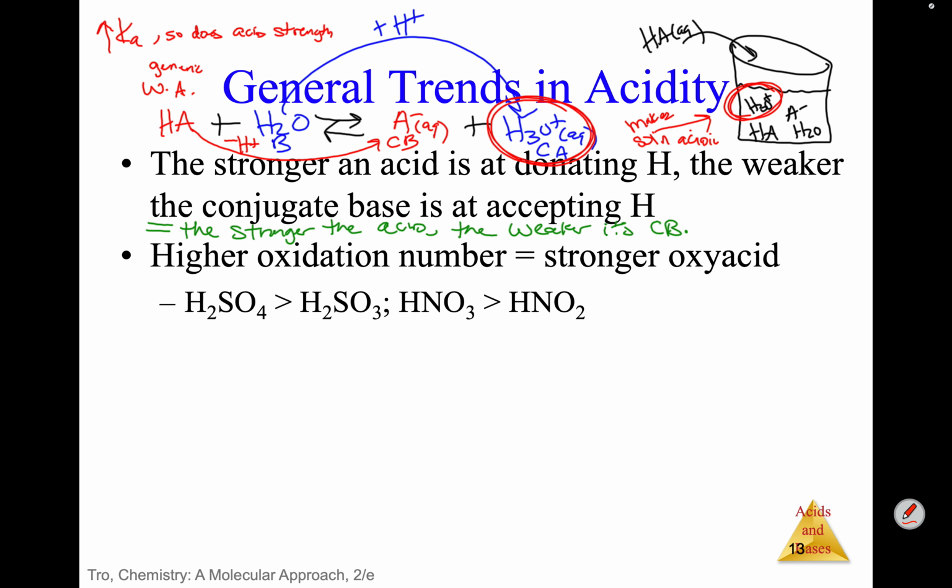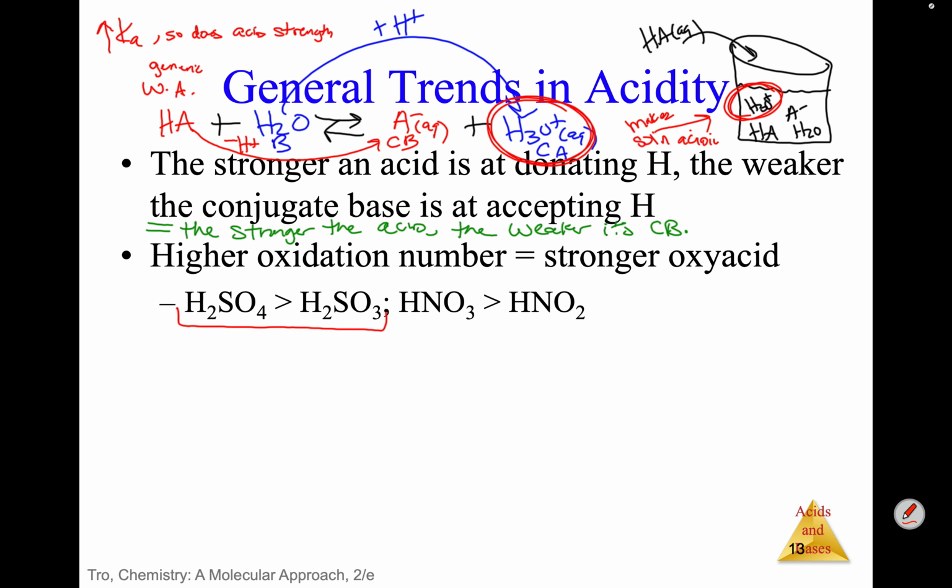Any other questions? Okay, so bullet point number 2: higher oxidation number equals stronger oxyacids, only within a series of oxyacids. If I look at H2SO4 versus H2SO3, the one with the highest oxidation number is the one with the most oxygen. That's from your textbook.